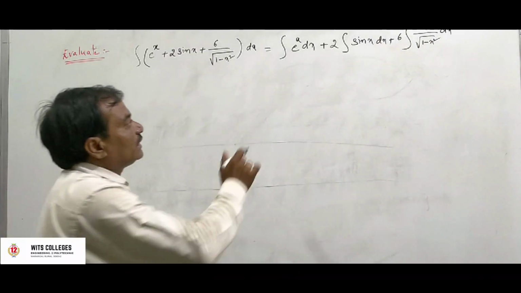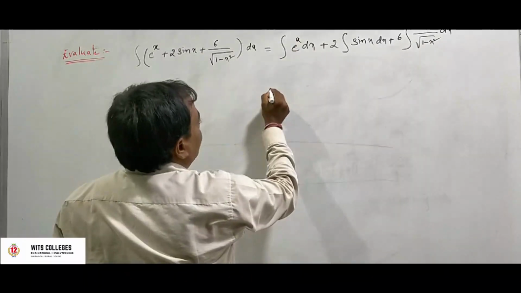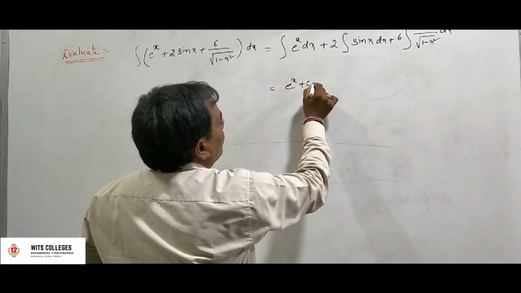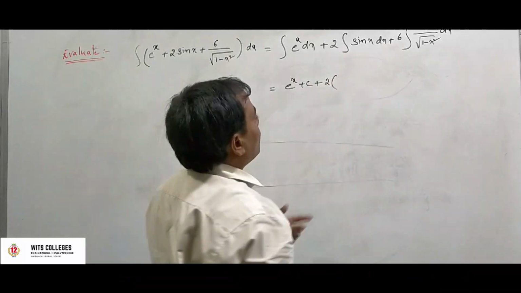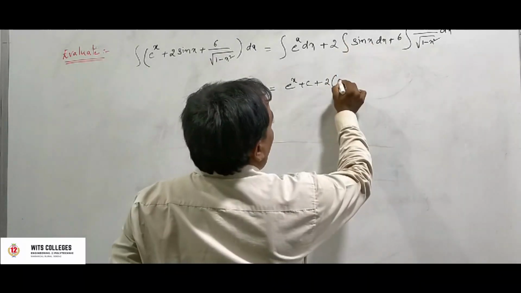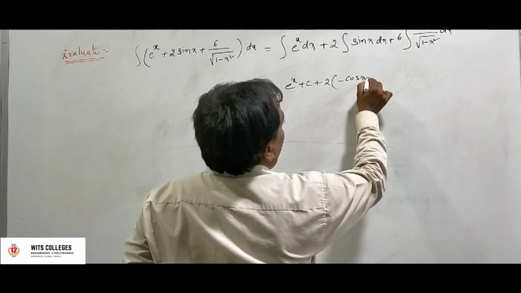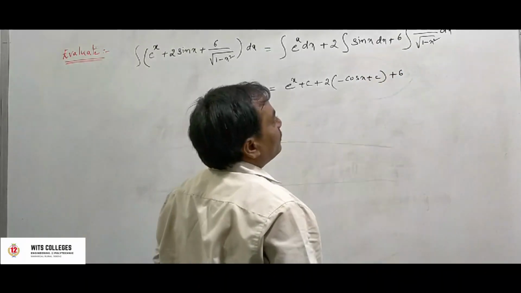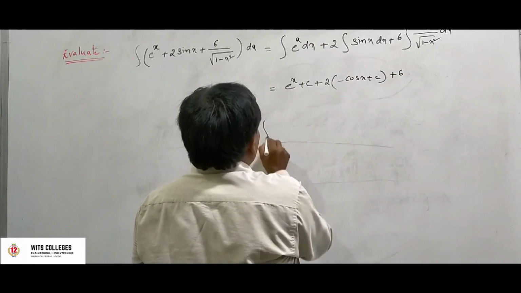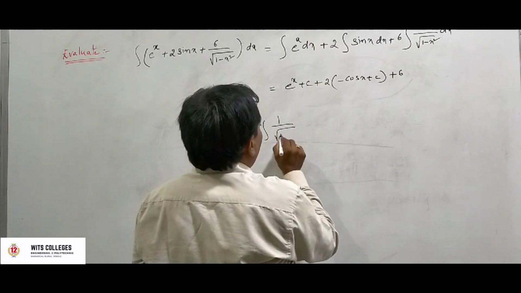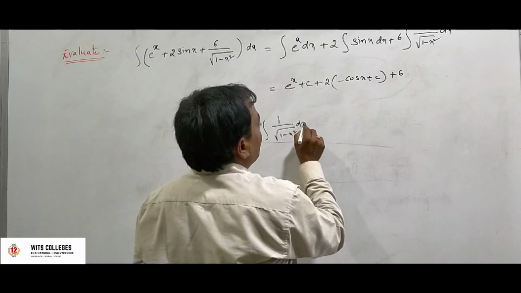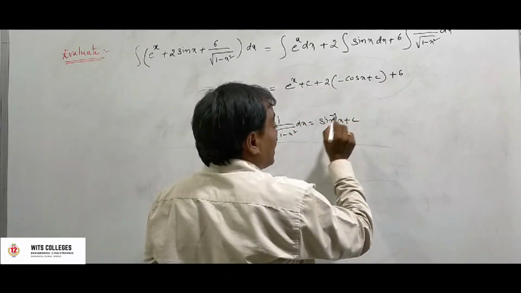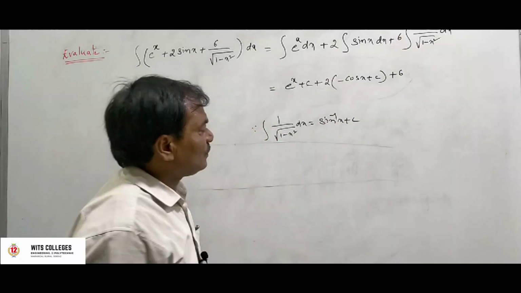Now we know that integral e power x is the direct formula. So this is equal to e power x plus c plus 2 times the integration of sin x, minus cos x plus c, and 6 times the integration of 1 by under root of 1 minus x square dx, which equals sine inverse of x plus c.